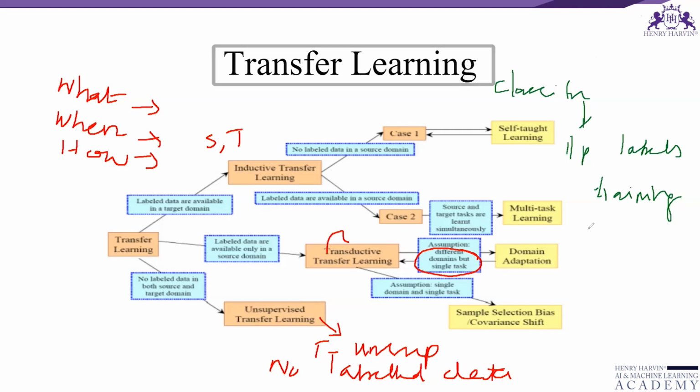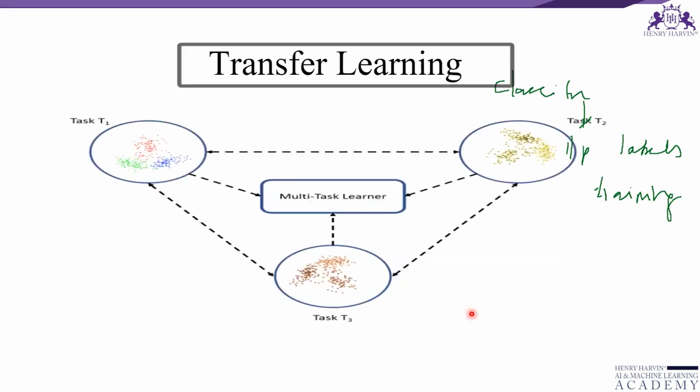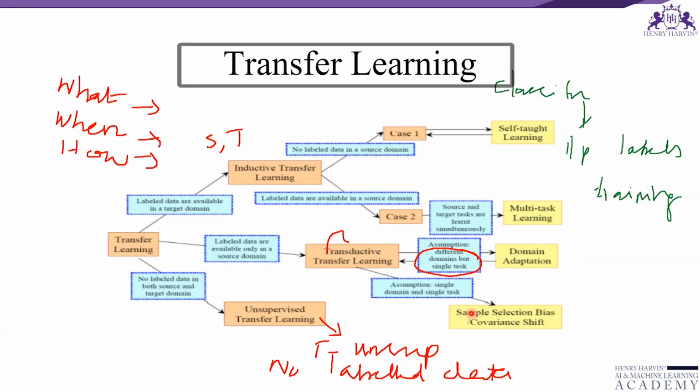The next one is about the inductive transfer technique. When you say inductive transfer technique, it utilizes the inductive biases of the source task to assist the target task. It can be done in many ways.